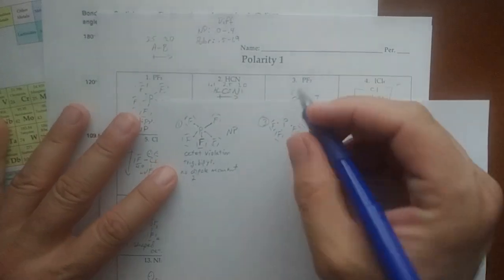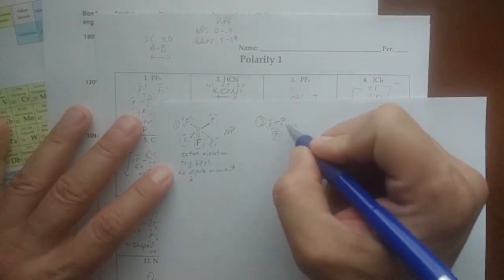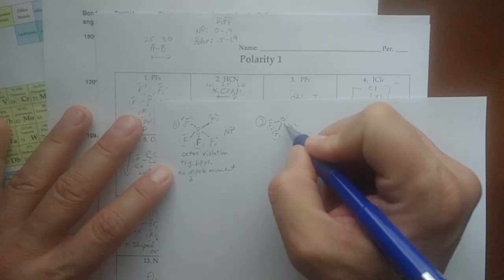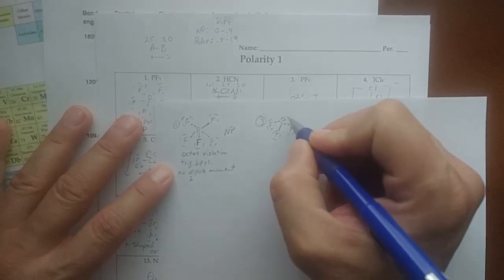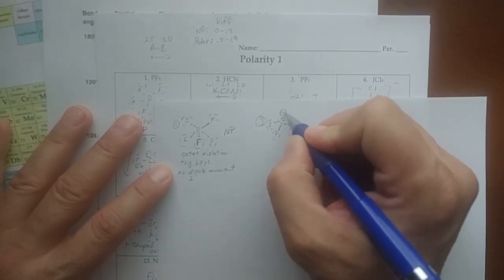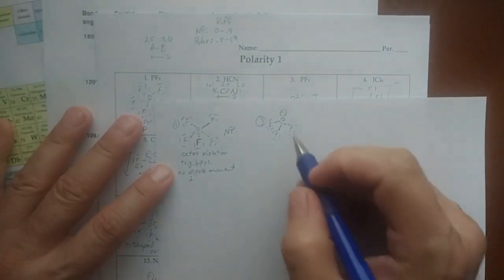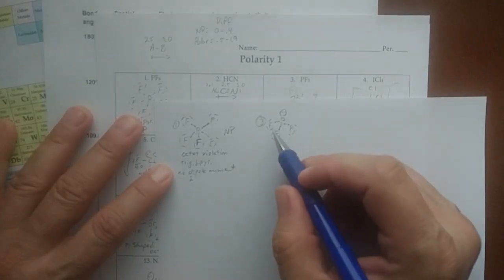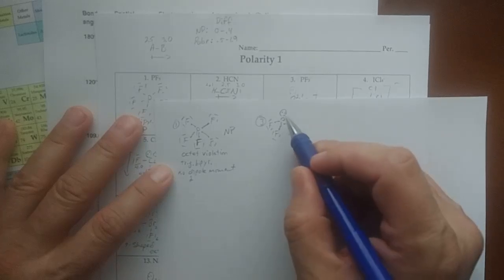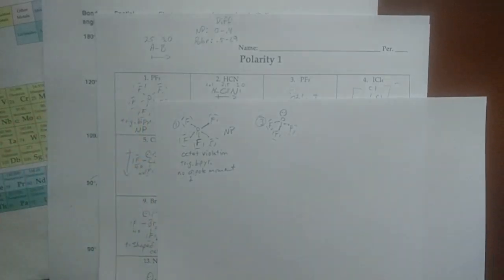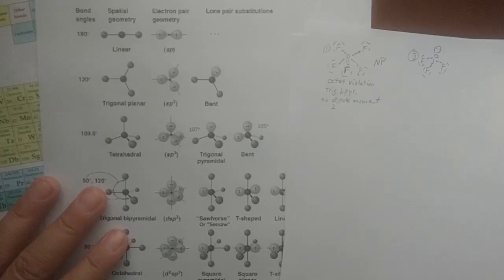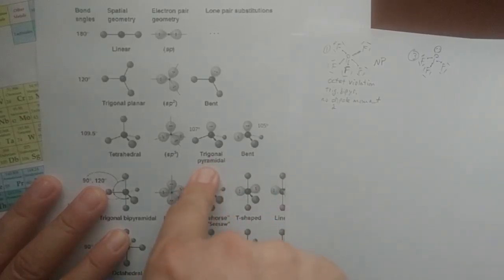So when you use 5, that's use 1 of them, make a bond, 2 of them, make a bond, 3 of them, make a bond, and that leaves me 2 extra, so there's an unshared pair on phosphorus. So now I have 3 bonded atoms and a cloud. That would be trigonal pyramidal.